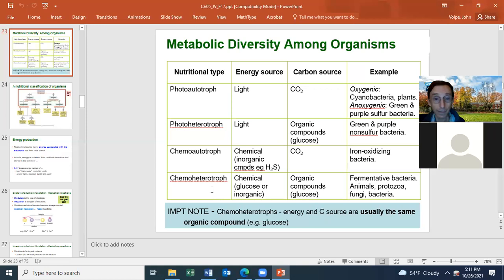And those are called lithotrophs. Litho means rock, so troph meaning rock eater. It's close, I mean, it's an inorganic chemical. Any question about any of that?